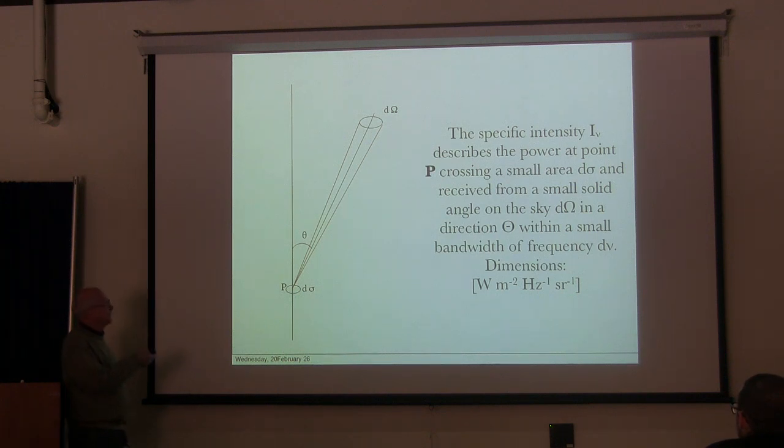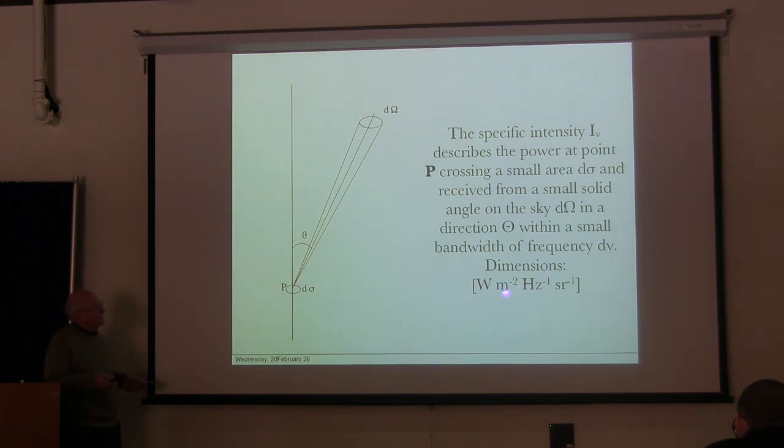So I start out in these notes by just defining the specific intensity of radiation, so it's power per unit small area, power striking a small area d sigma in some angle away from the normal to that detector area in some direction in space, emerging from some small unit of solid angle projected on the sky.